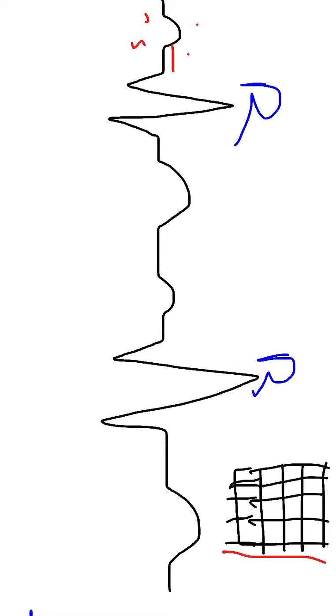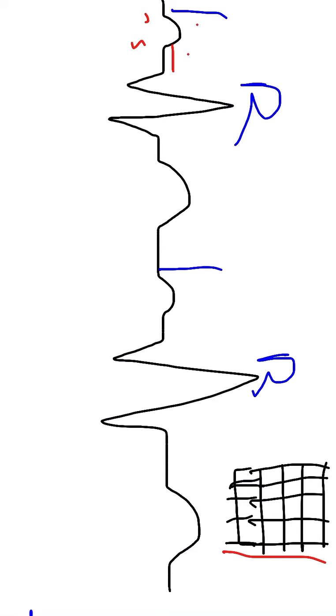So instead of starting at P to P, we pick the most observable points, which are RR. If we wanted, we could pick P to P and calculate, especially because the impulse starts here and the next impulse starts there. But in any case, we pick RR because these are the most observable components of the ECG.